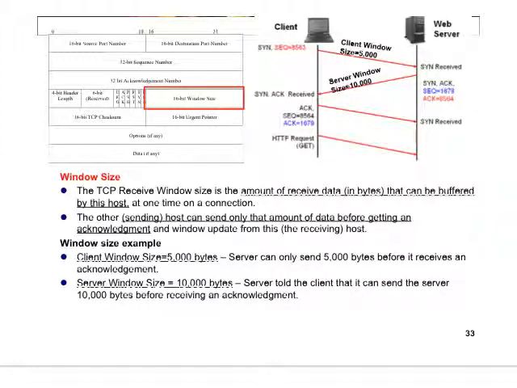If you find in the receiving segment that the window size is 0, then you have to stop. I cannot receive any more bytes from you. In that case, you have to stop sending anything until you get an acknowledgement that the window size is increasing back to a positive number.